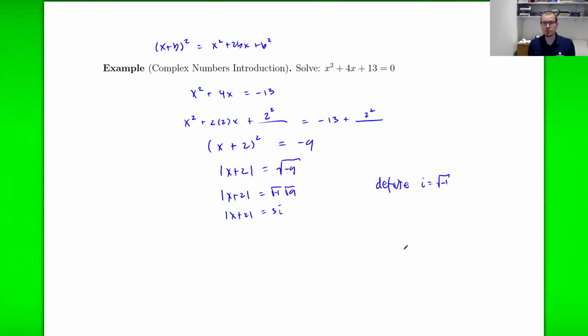Now, it might look a little bit weird, but this is perfectly fine. i is the imaginary unit. It is the square root of negative 1. It's just a number. Don't think too hard about it. Now, we should point out that we call it the imaginary unit, but it's really not that imaginary.